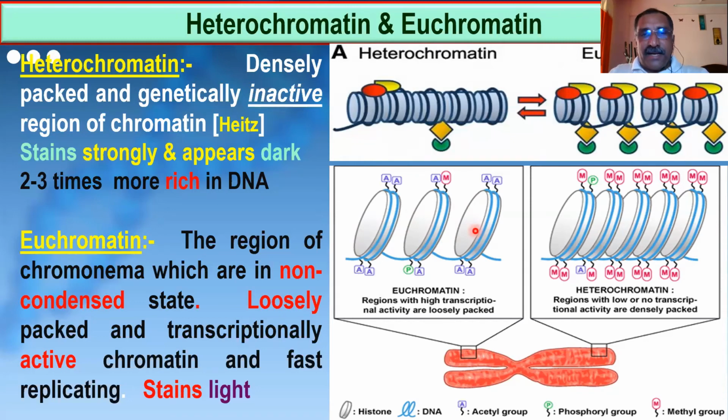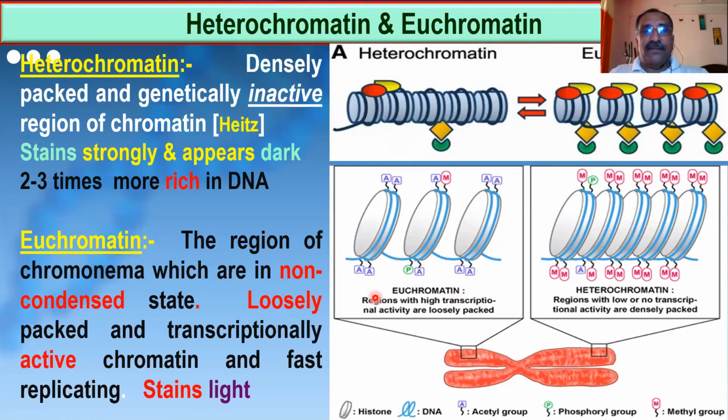Okay. And last point, since this region is distantly placed and loosely packed, it won't take much stain. It is always light stain. That is why you see light colors over here, indicating that euchromatin is present.